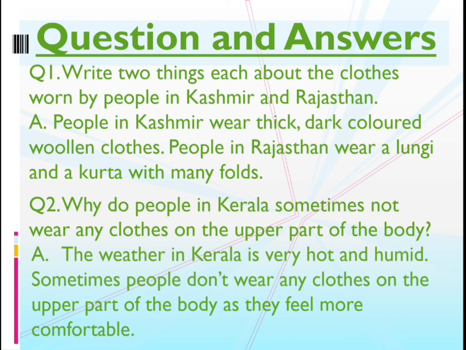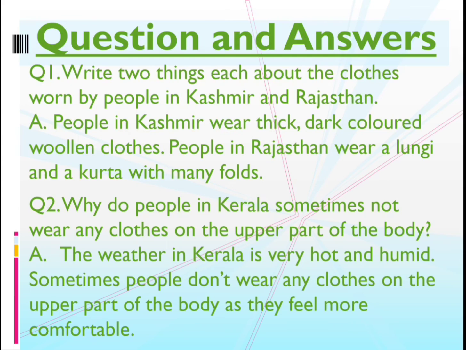When they are outside, meeting someone, they will wear it. But if they are at home, they prefer not to wear. Why? Because the climate is hot and humid, isn't it, children? That's why people prefer not to wear, so that they can cool themselves without wearing clothes. Okay, children? So that's why they don't wear clothes on the upper part of their body. So write these two answers in your classwork and please learn them, children.